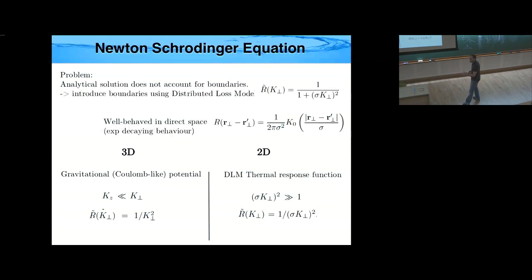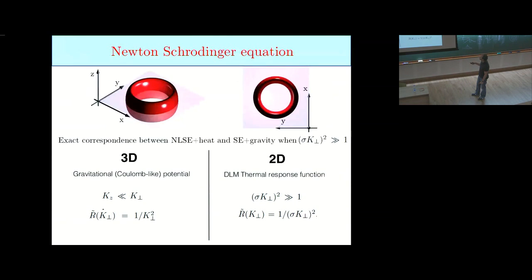That's the first step. Now I need to check that the correspondence works in k and direct space. And let's take one step further: the other thing I can show is, in this limit, for example, what does that physically correspond to? It corresponds to taking something like a donut beam.